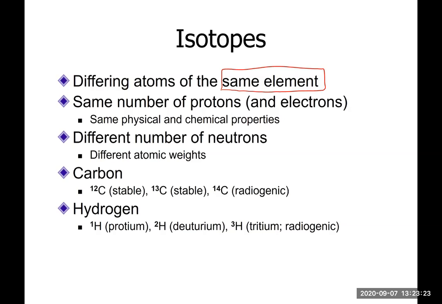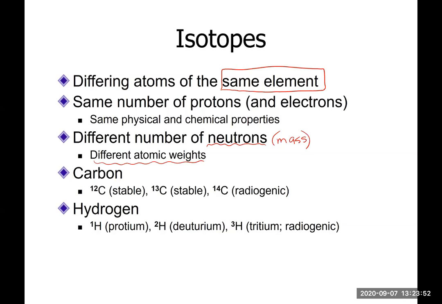It is the number of protons that gives an elemental atom its chemical and physical properties. But isotopes differ in the number of neutrons. And because they differ in the number of neutrons, and neutrons are one of the subatomic particles that gives an atom its mass, then we're going to have different atomic weights associated with different isotopes of the same element.